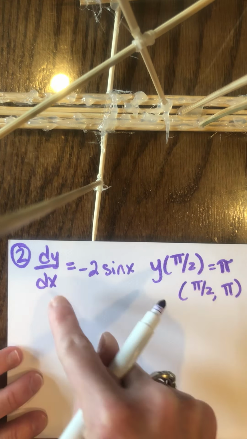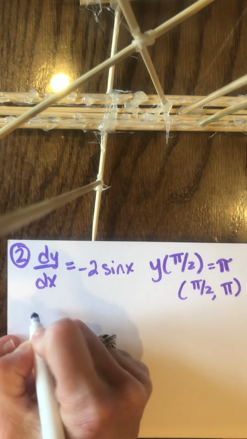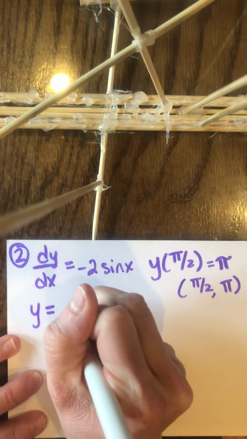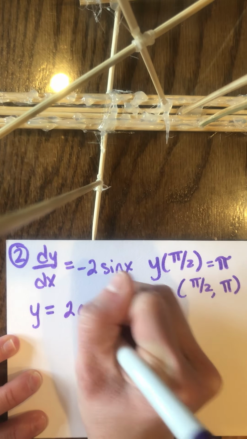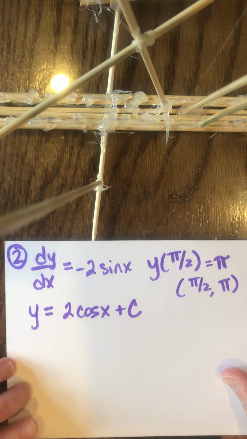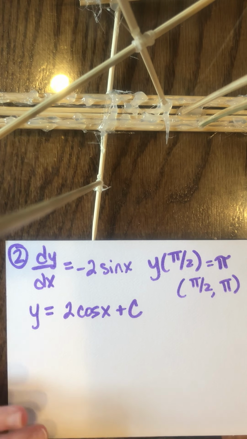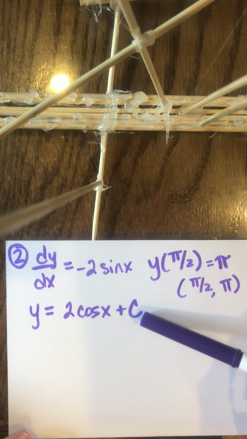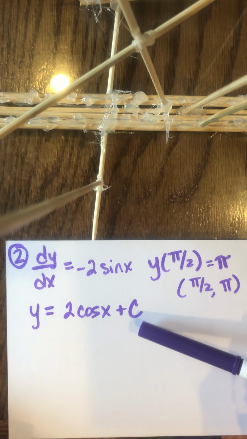So when I integrate each side here, I will determine that y is 2 cosine of x plus C. Notice again, I'm finding my general solution first, so I have added my constant C in here.